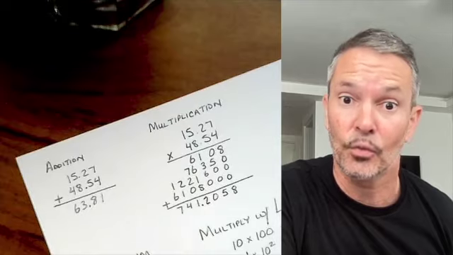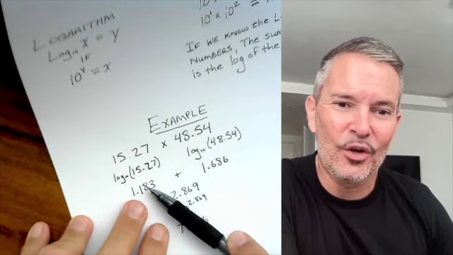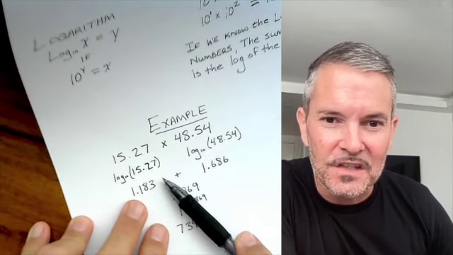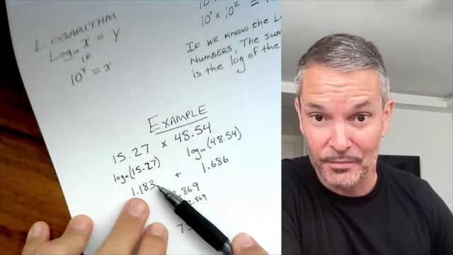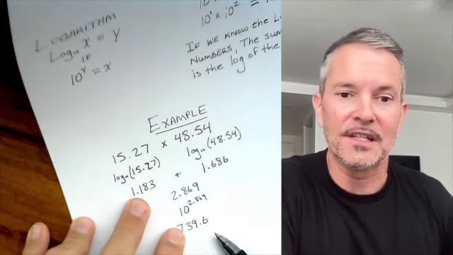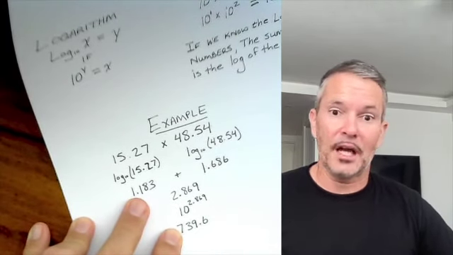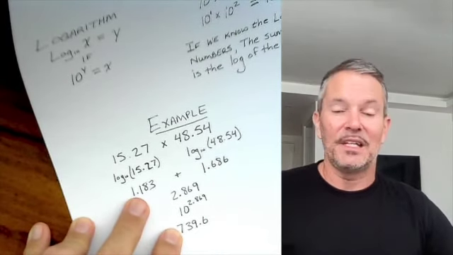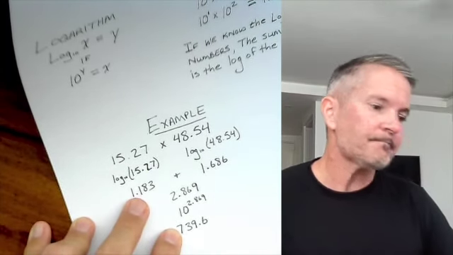Now, if you remember back, you might say, well, gosh, Josh, that's not exactly the number we got when we multiplied. And you're right. The reason is because I estimated the logarithms here only to 3 digits, and I didn't really do the rounding in a very reasonable way. So my answer is a little off, but you get the idea that 739.6 is in the ballpark of 741.